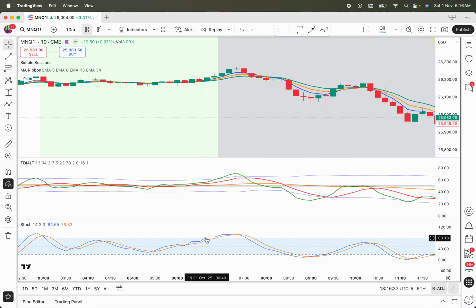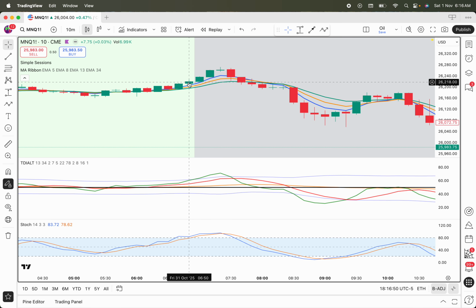So this has reached the overbought area, which is 80. And the oversold area is 20. So this punched up through here. We can see the moving averages are all in line. The 5's above the 8, the 8's above the 13, and as far as I'm concerned, that's 100% trade.